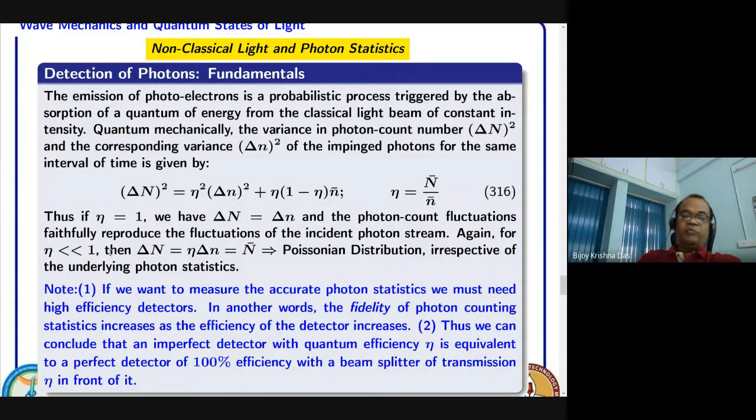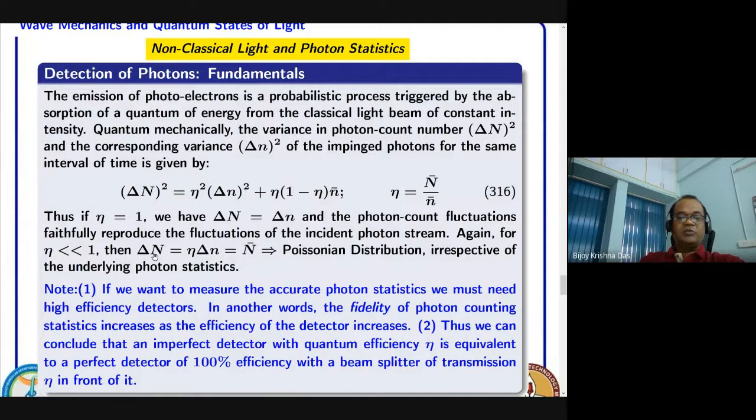If we go to another extreme, when eta is much lower than 1, this term you can ignore, and then delta N will be just eta delta n, that is actually n bar.